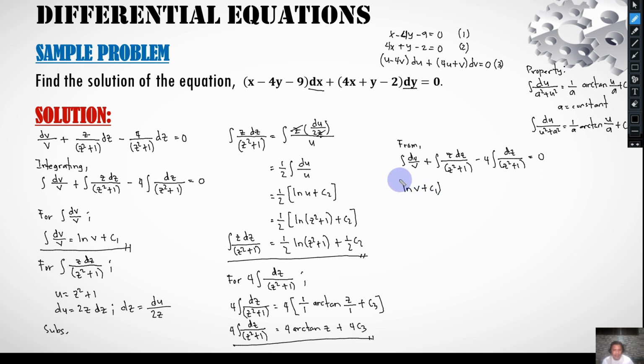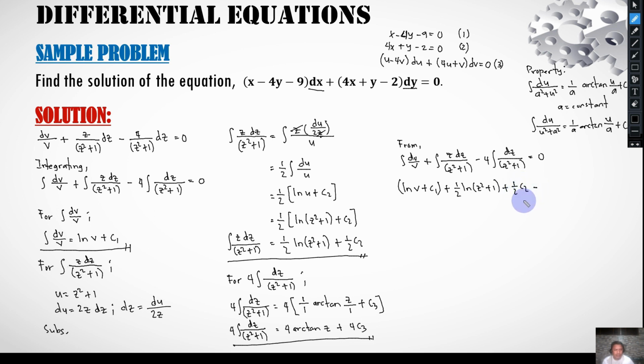Okay? And then, yung second term natin, itong z dz over z squared plus 1, ito yon, so this is 1 half ln of your z squared plus 1 plus 1/2 of your C2. Okay?